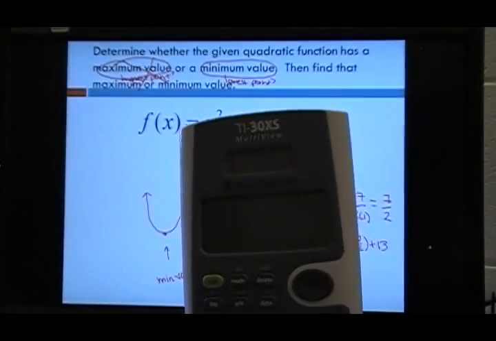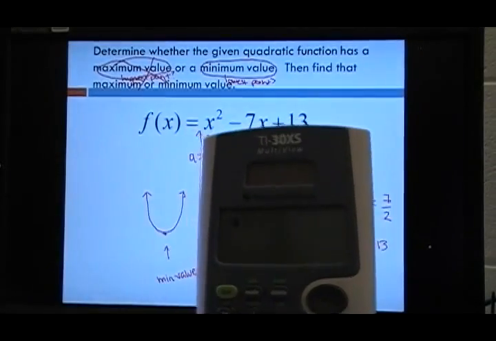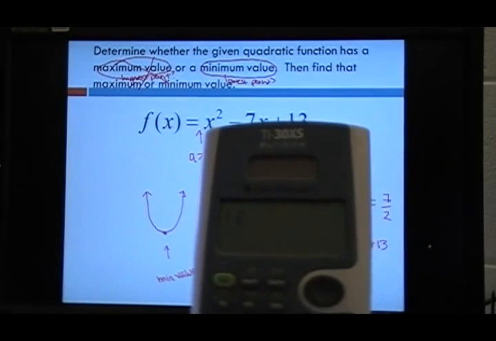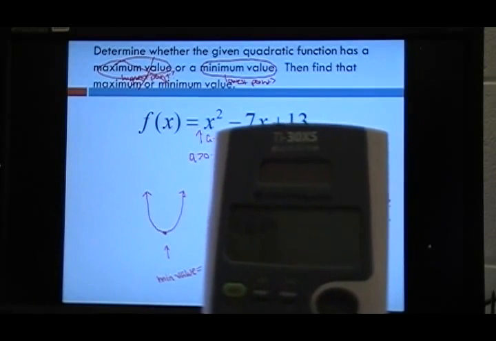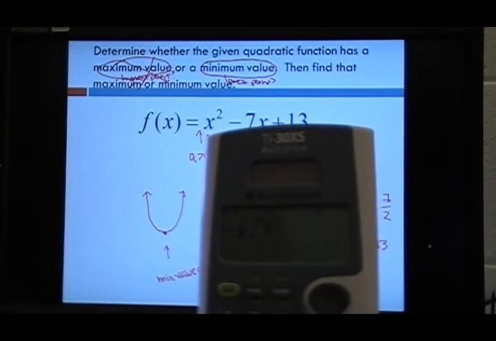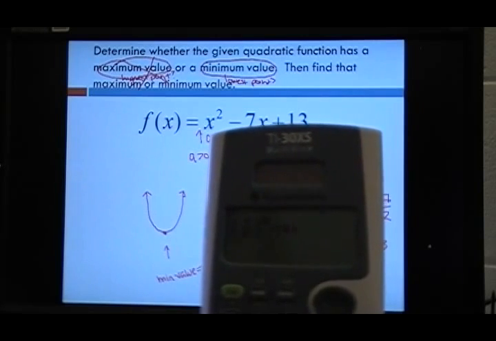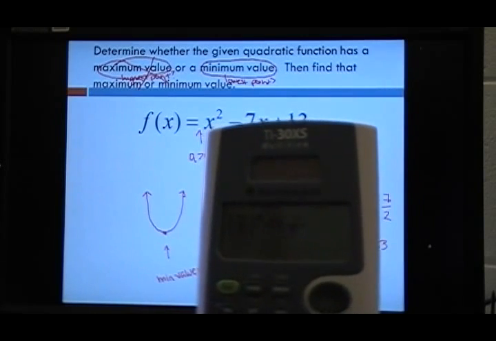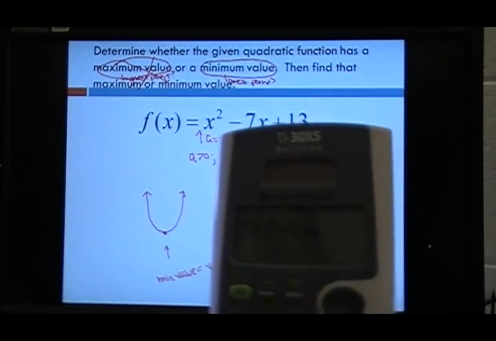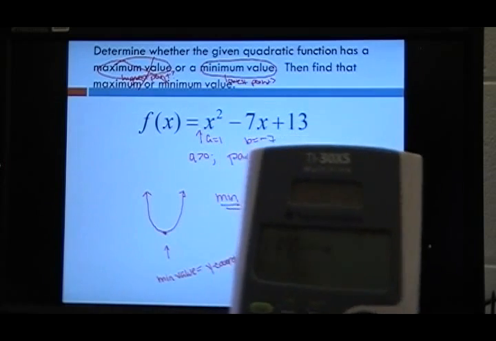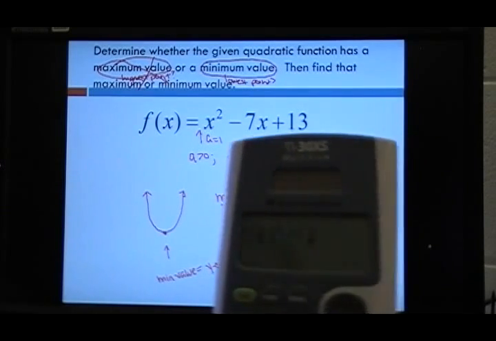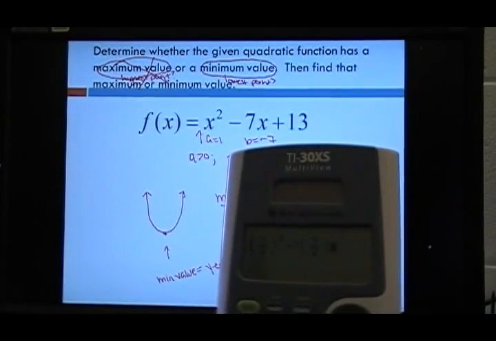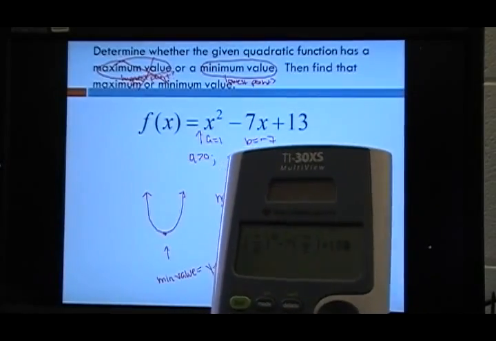Okay, so we have 7 over 2 quantity squared minus 7 times 7 over 2, and watch your parentheses, plus 13.